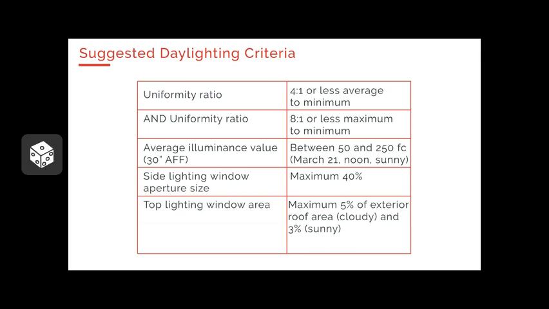Also, look at what kind of foot candles, and to start off with, look at the equinox. Look at March 21st, a noon sunny day, and where are you with your design? Then, how much of your wall space should be side windows, or how much should be for top lighting if you want that? 40% for side windows and 5% for cloudy, mostly cloudy days, and 3% for sunny days. Once again, this is only a starting point.